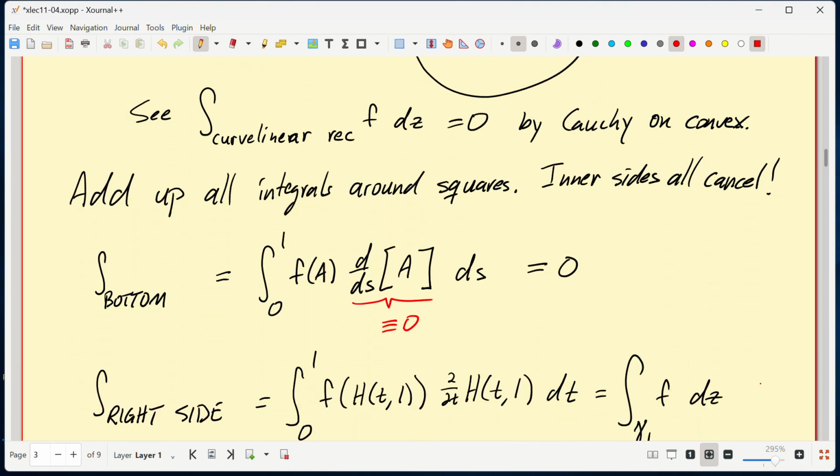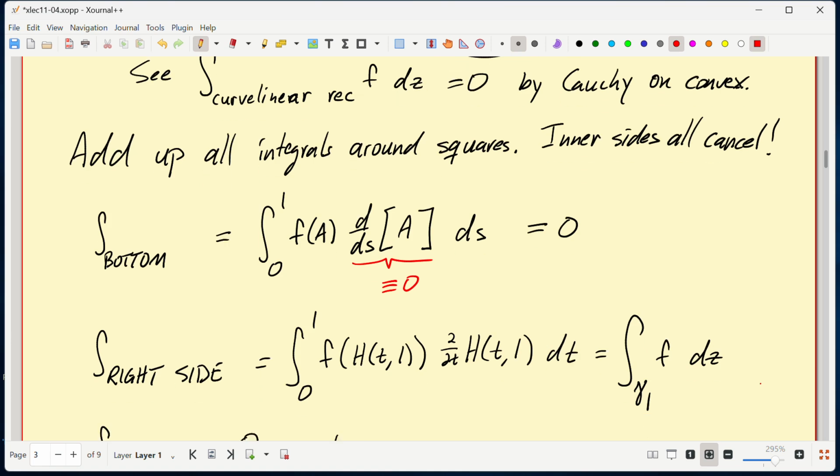So the bottom is just a constant curve. And so, of course, the definition of that integral would be the integral of the constant f of a, and the derivative of a, which is a constant, d by ds, would be 0. So that's a constant curve. It always gives you a 0 integral. There's the calculation.